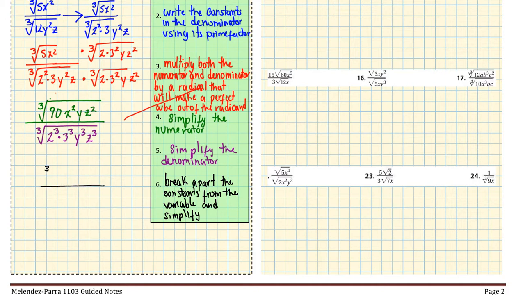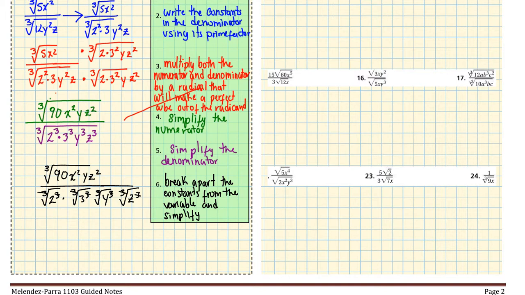But on the bottom we're going to have the cube root of 2 cubed times the cube root of 3 cubed times the cube root of y cubed and times the cube root of z cubed. All of those are going to cancel out. And the only thing you're left with really is 2 times 3 times y times z.